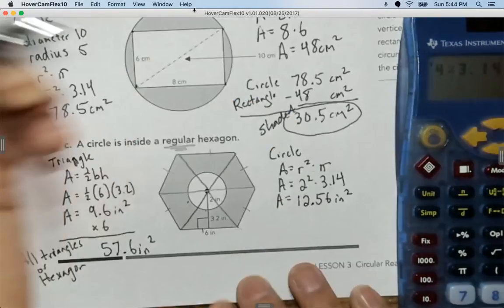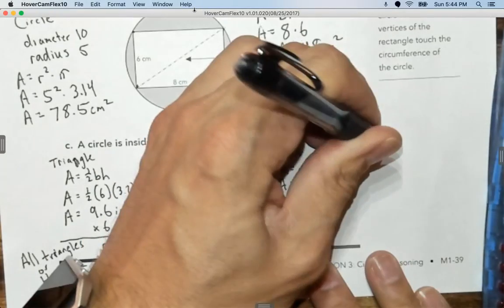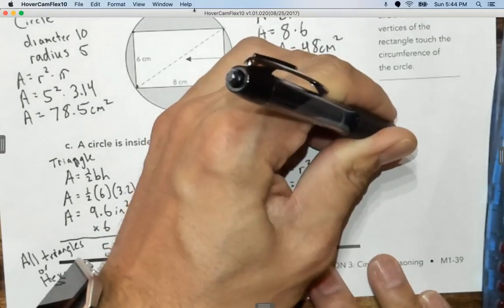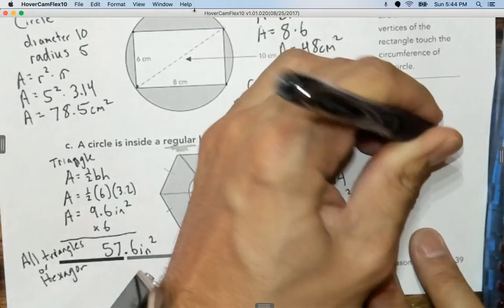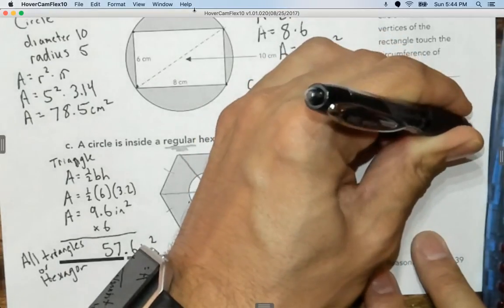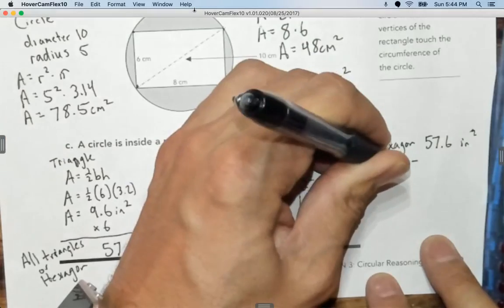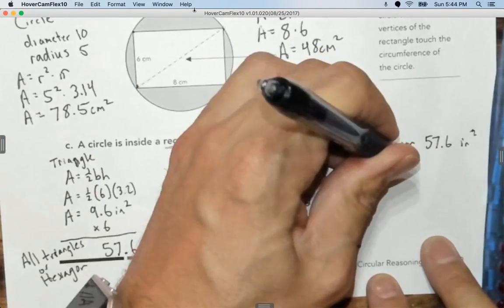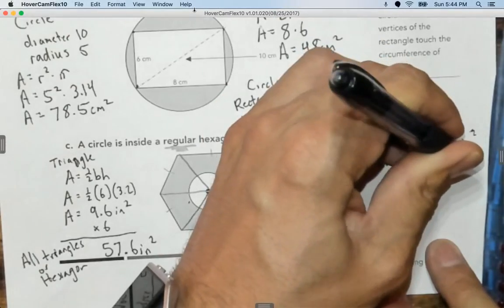And so last but not least, I take what was all shaded, so my hexagon, first at 57.6 inches squared. I subtract what's not shaded, which is that circle on the inside. And that is 12.56 inches squared.